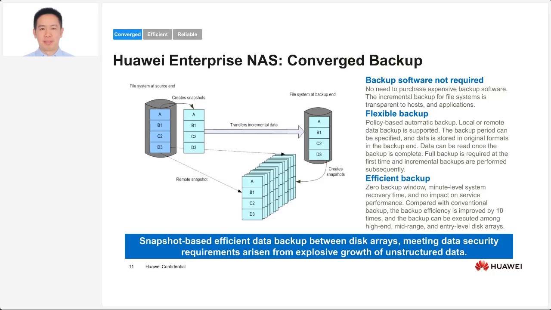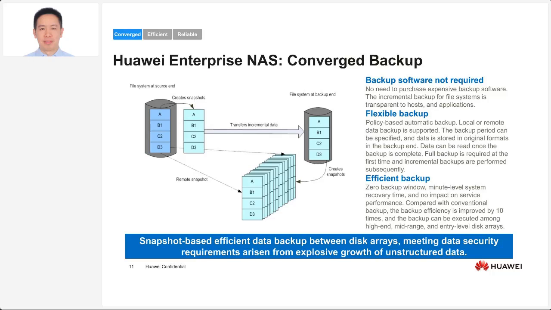The incremental backup for the file system is transparent to the host and the applications. We have a flexible backup solution and an efficient backup system as well. So there will be zero backup window, minute-level system recovery time, and no impact on the service performance.